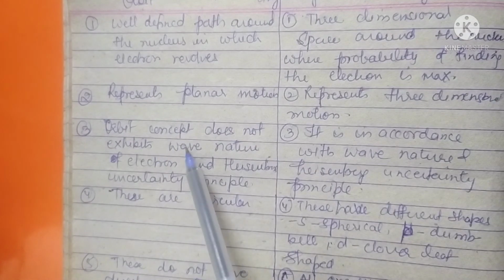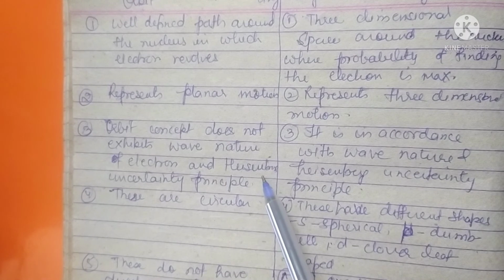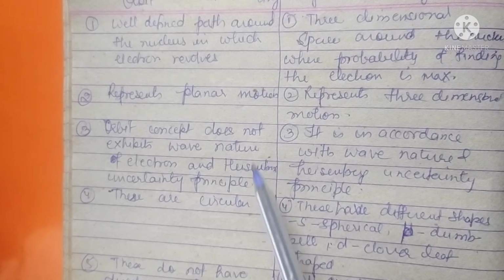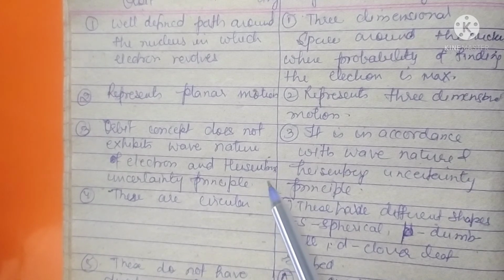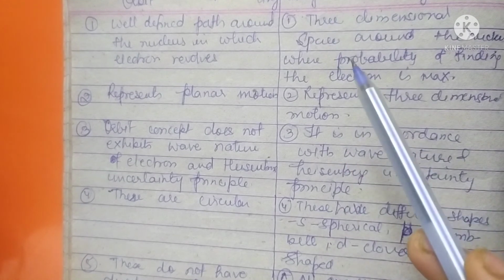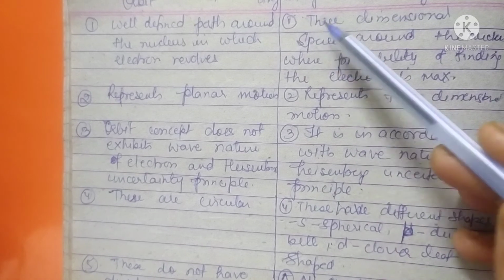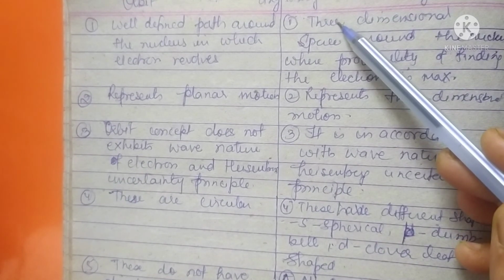The orbit concept does not exhibit the wave nature of the electron and the Heisenberg uncertainty principle, because if we consider the wave nature, then according to the Heisenberg uncertainty principle, the electron's exact position and velocity cannot be determined simultaneously. In case of orbital, this is in accordance with wave nature and the Heisenberg uncertainty principle.